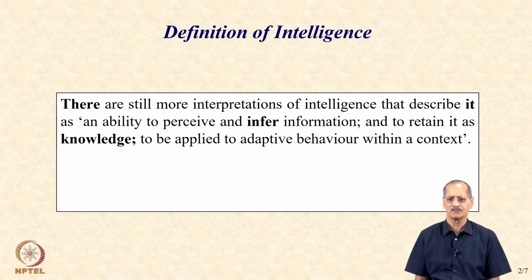Now, this is something which you might find also makes a lot of sense. It is an ability to perceive and infer information. That is what we are doing subconsciously. For example, whatever we are seeing at a given time or perceiving from different sensors that we have, we are inferring information. We are doing this information extraction and processing all the time in the background without even realizing that we are doing it, and to retain it as knowledge.